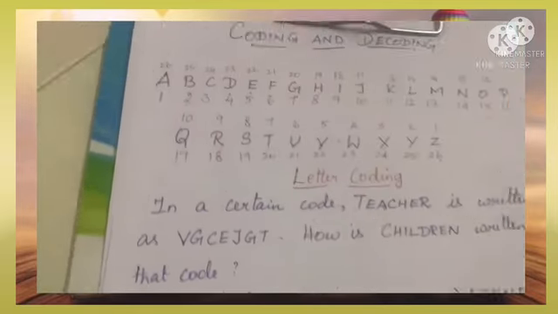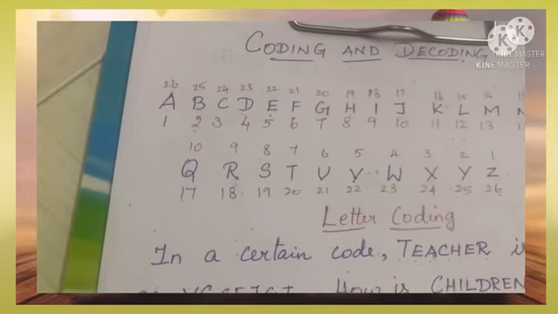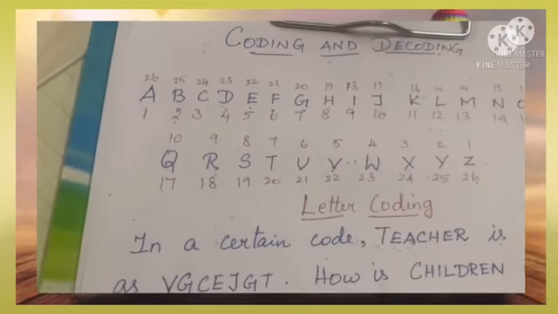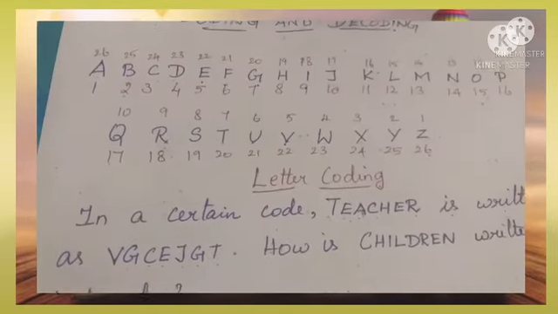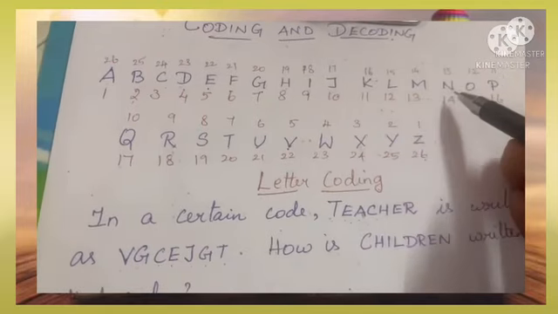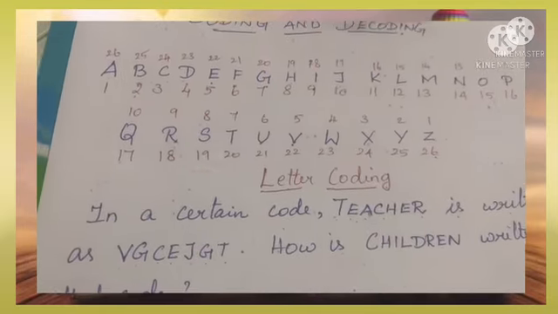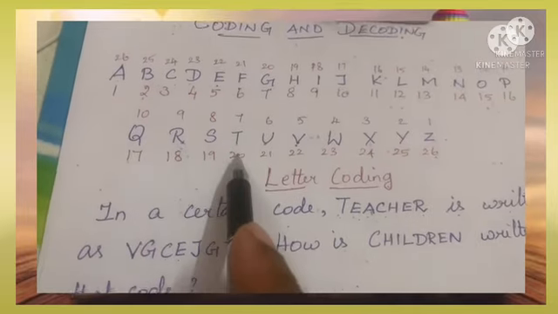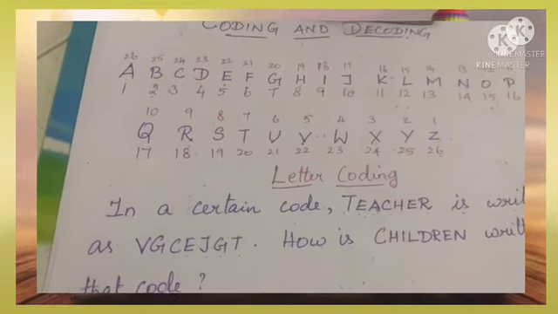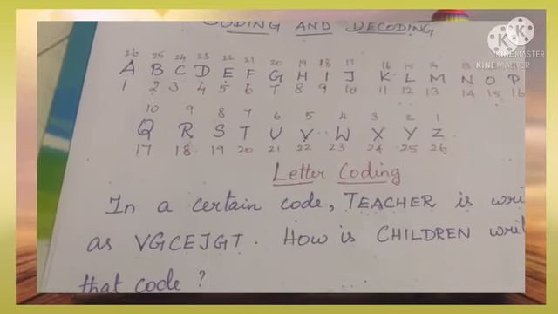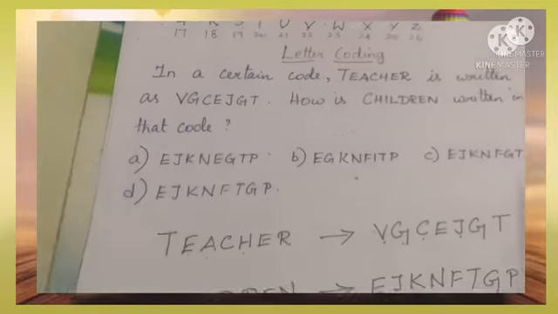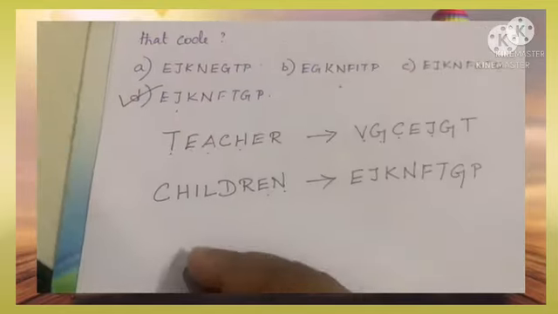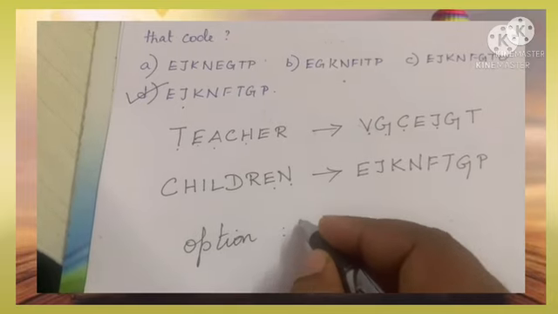Okay, now C. So C, leaving one, write E. H, leaving one, write J. I, leaving one, write K. L, leaving one, write N. D, leaving one, write F. R, T. E, G. N, leaving one, P. Okay, now which is going to be the exact answer for us? Yes, it is your option D.